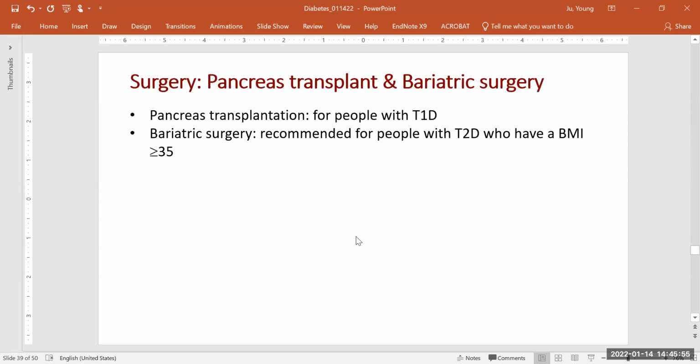For severe cases, surgical treatments are another option. In some people who have type 1 diabetes, a pancreas transplant may be an option. With a successful pancreas transplant, insulin therapy would not be required anymore.